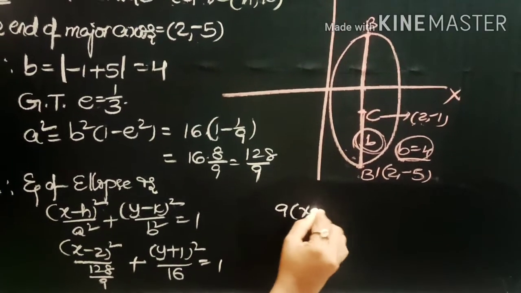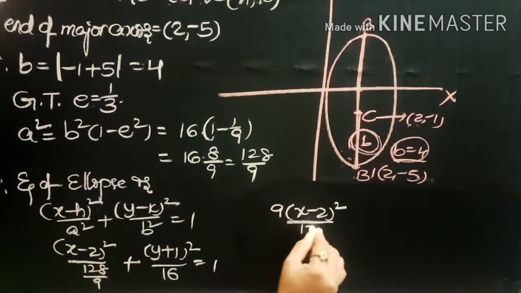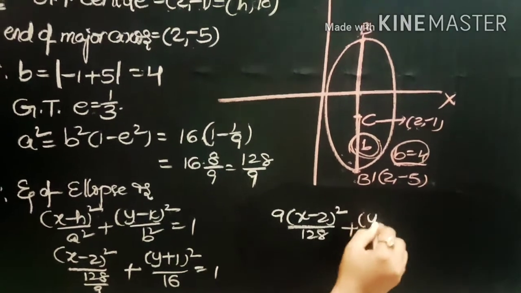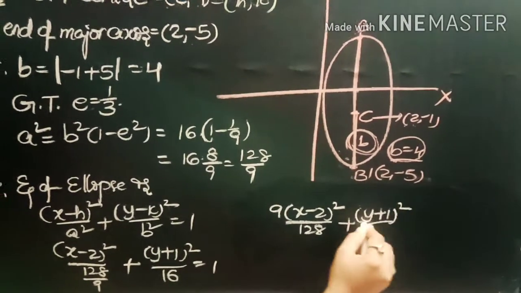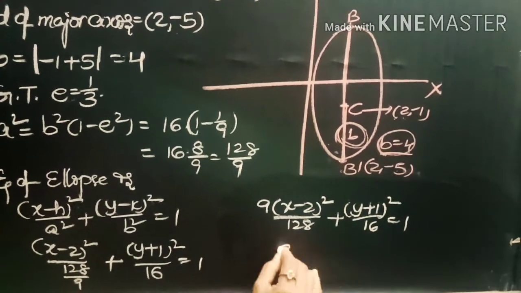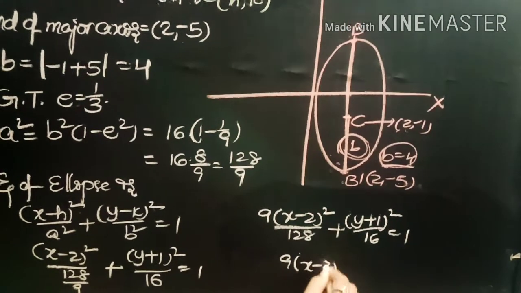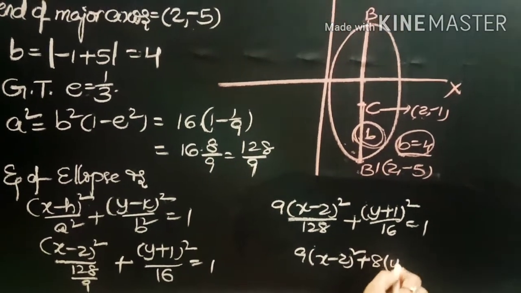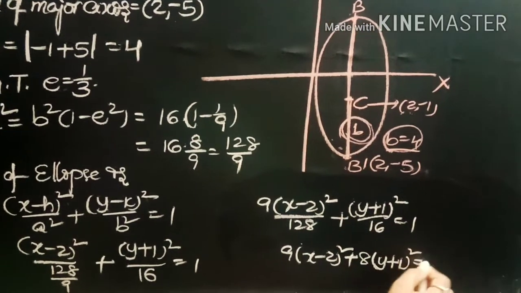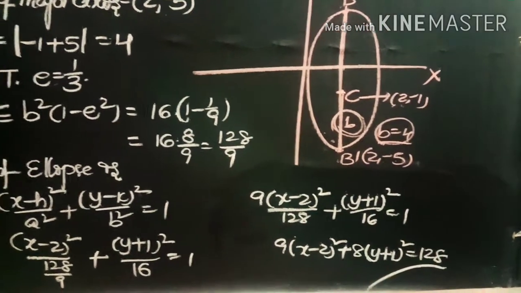That is 9 into (x minus 2) whole square by 128 plus (y plus 1) whole square by 16 is equal to 1. Now taking LCM we get 9 into (x minus 2) whole square plus 8 into (y plus 1) whole square is equal to 128. This is the required answer.